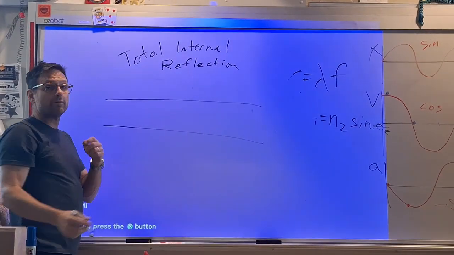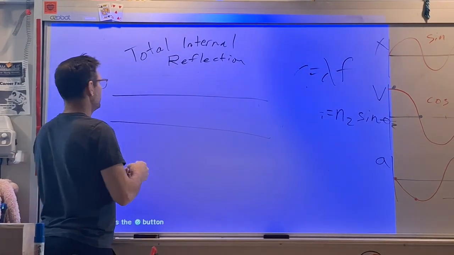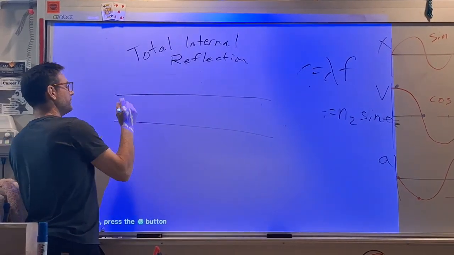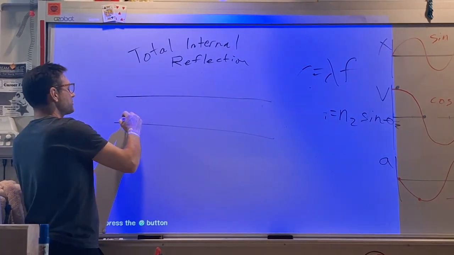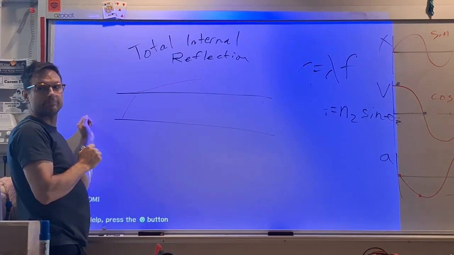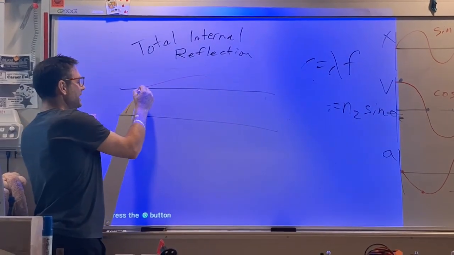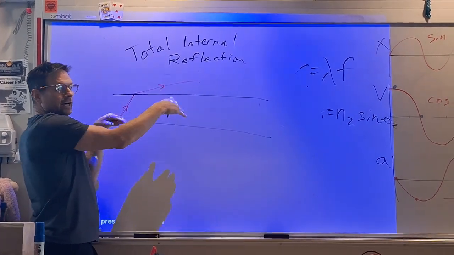So let's say you have a fiber optic cable, and you shoot a beam from inside the fiber optic cable. You're like with Miss Frizzle on the school bus, and it goes like this, and it goes out like that, right? There's an angle at which it won't get out.